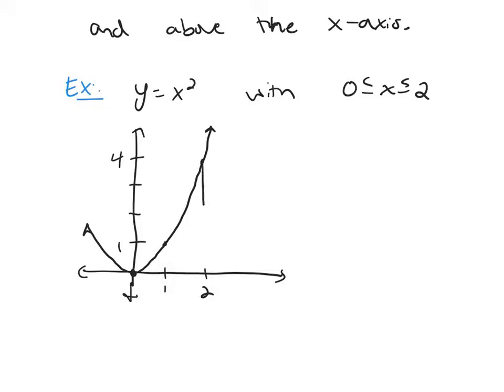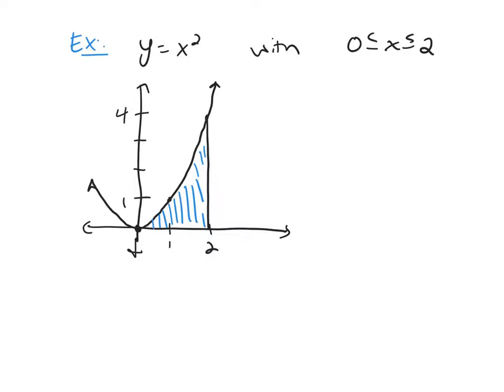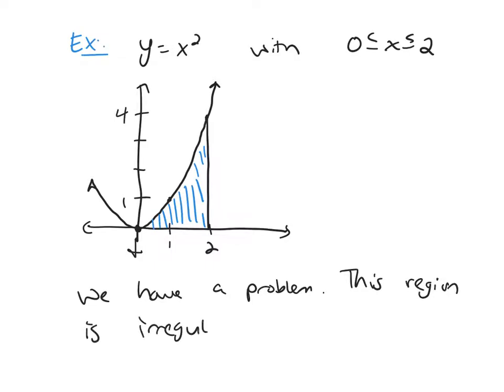So I'm looking for the area of this region right here. But I'm going to say that we have a problem. And the problem is that this region is irregularly shaped.